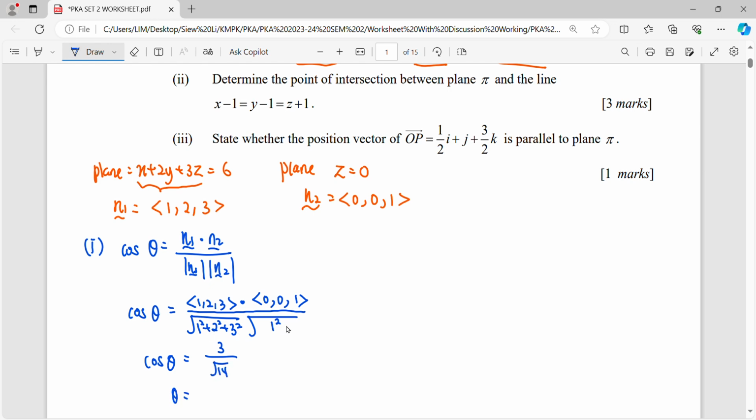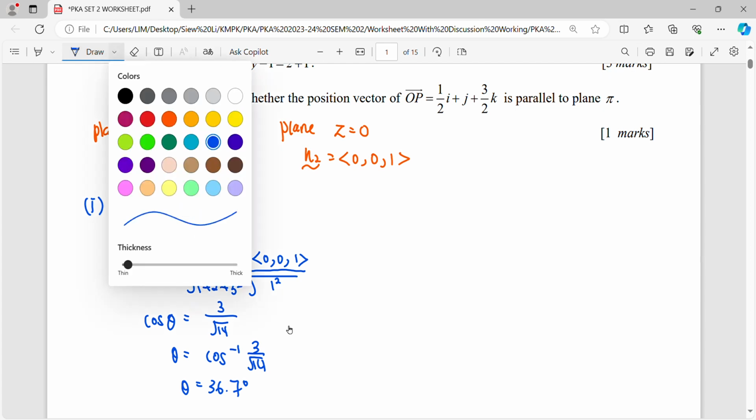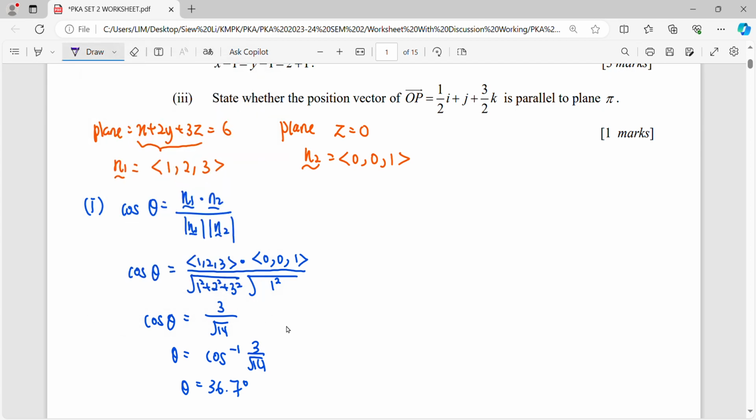To get theta, shift your cos to the right hand side. You get 36.7 degrees. That angle will be your angle between two planes.